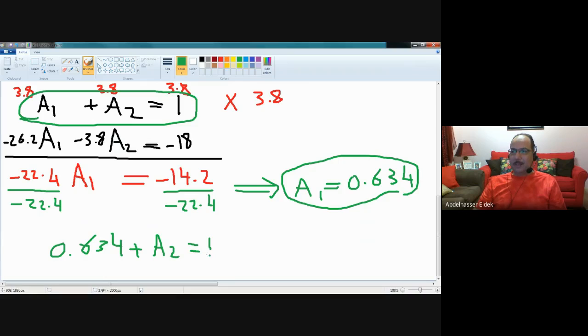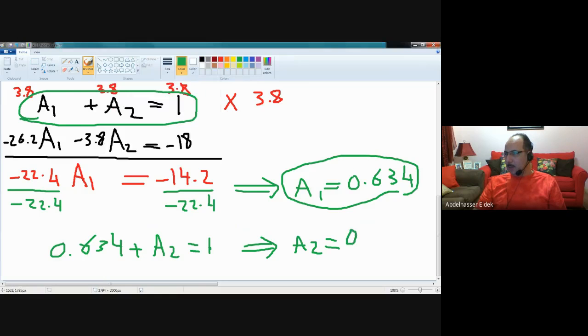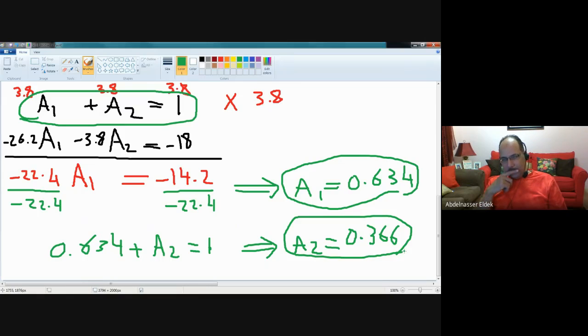Then you can calculate A2, very easy. A2 equals 1 minus 0.634, which is 0.366.